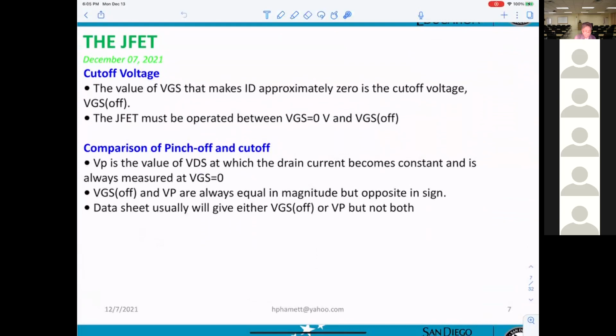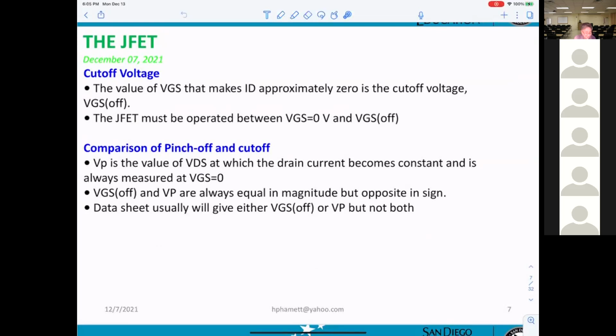Okay, cutoff voltage. The value of VGS that makes ID, the drain current, approximately 0 is the cutoff voltage. That means cutoff voltage is at the point ID equals 0, no current. They call it VGS off.